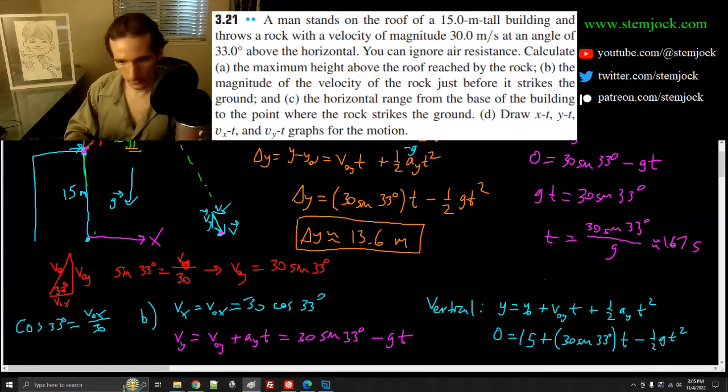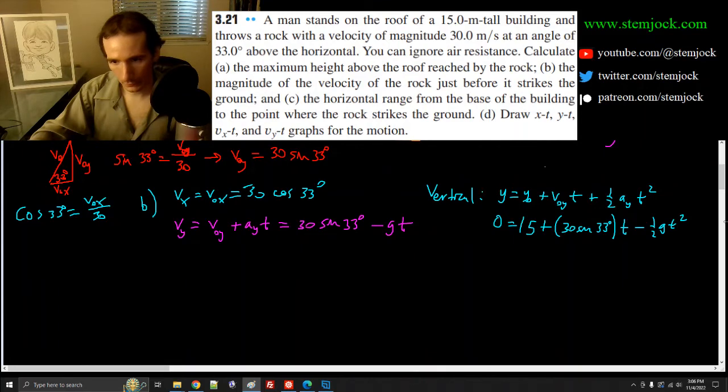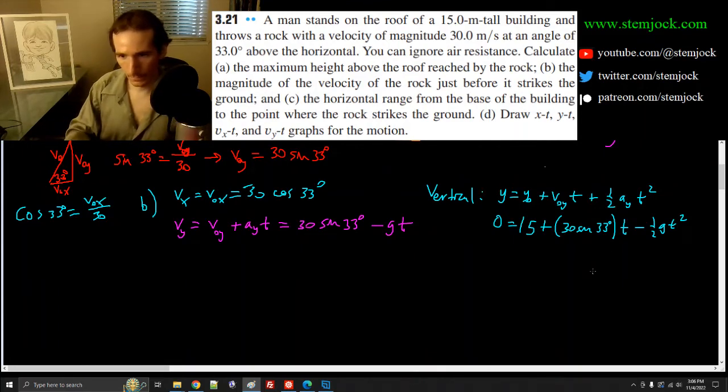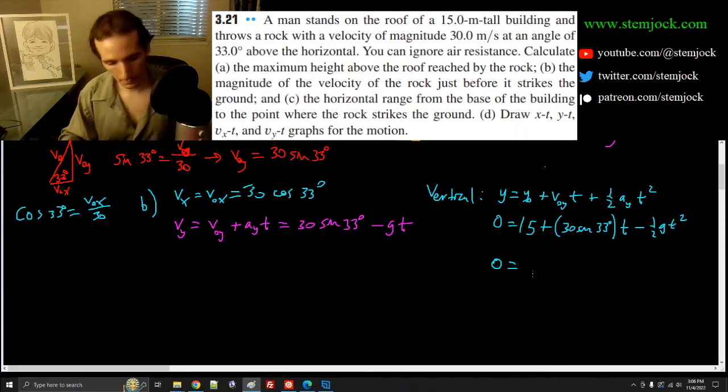So even though it's complicated, it's a quadratic equation. We can solve this for t using the quadratic formula. I'm going to multiply both sides by negative 2, so that 0 is on the right side.